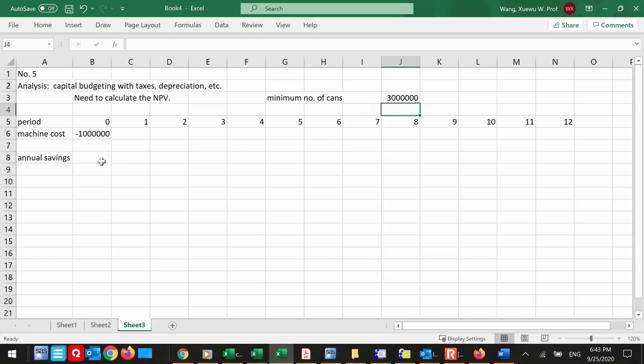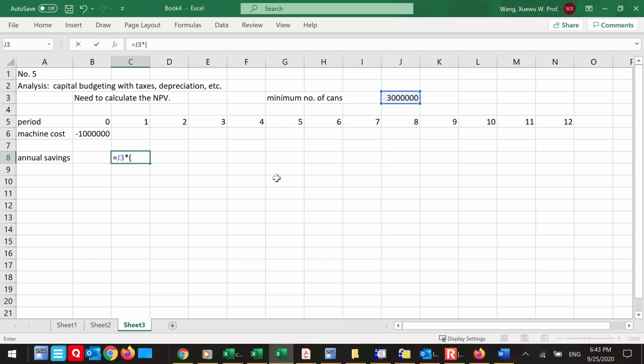Now we're looking at the annual savings of producing your own can as compared to buying those cans from outside suppliers and transporting them to your factory. So you have 3 million cans, and if you produce your own can, that's 17 cents per can.